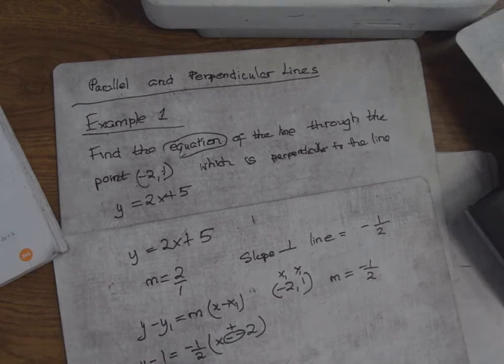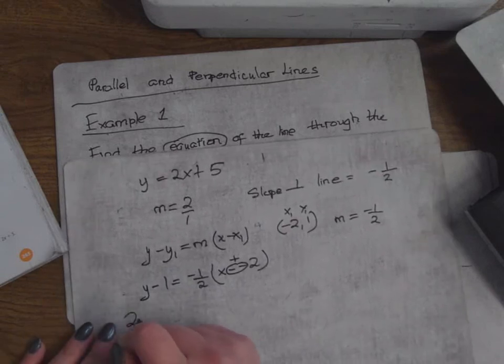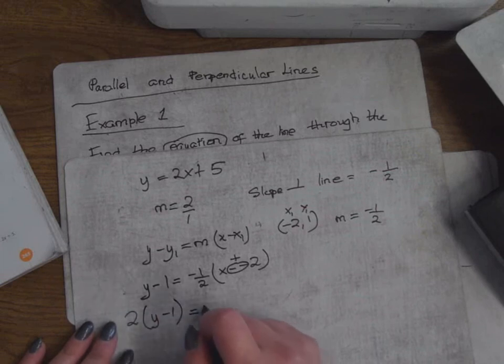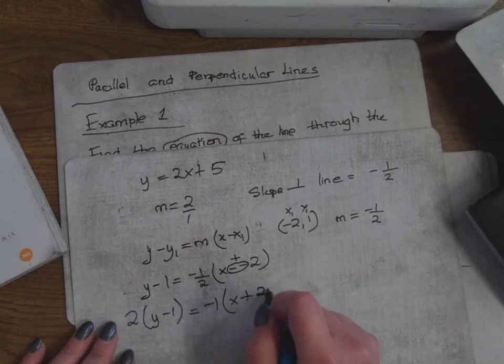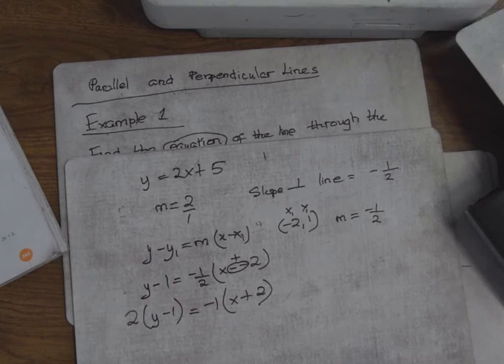The bottom, which is a 2, isn't it? Right. So it's 2 bracket y minus 1 equals minus 1 into bracket x plus 2. The minus either goes with the 1 or the 2, your choice. I left it with the 1, as long as you don't put it with both, right?